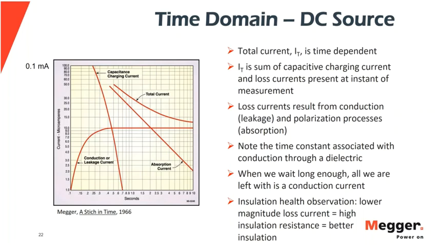Here, total current measured is shown as a function of time. Time is on the x-axis, and amps are shown on the y-axis. And you can see that it's broken further into its components.